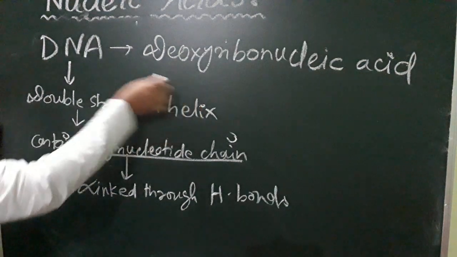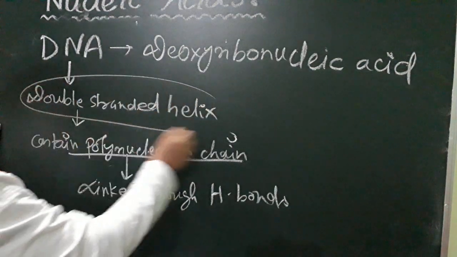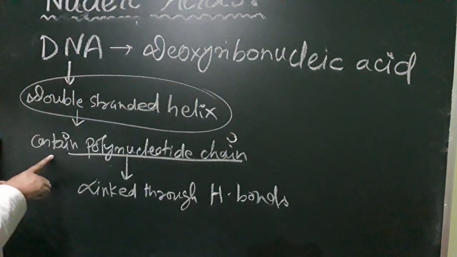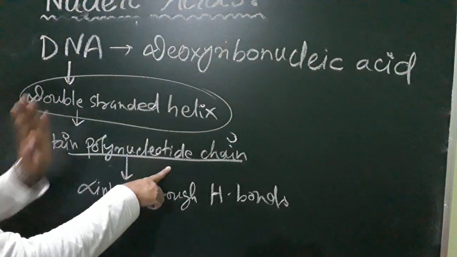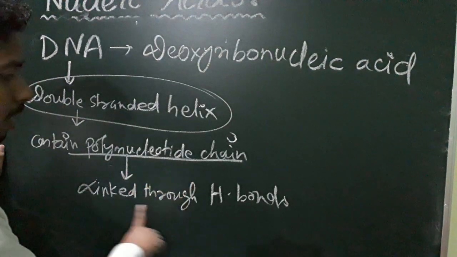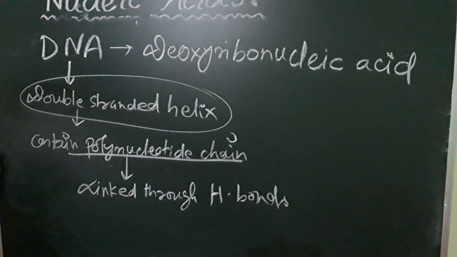So they are a double-stranded helix, and they contain polynucleotide chains, which are coiled or linked through hydrogen bonds.